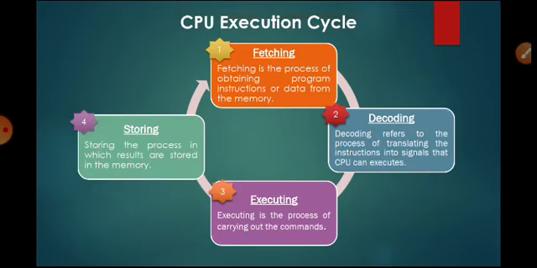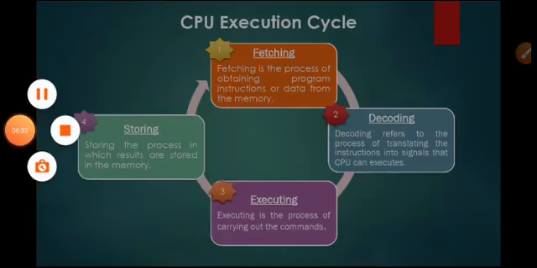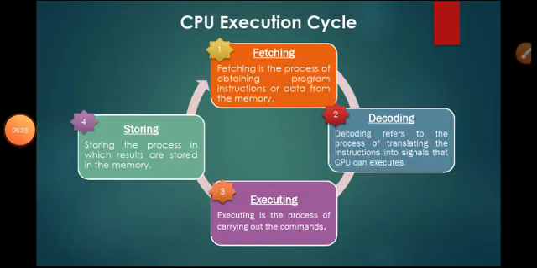Here you can see the detailed diagram of CPU execution cycle. The first step of CPU execution cycle is the fetching. Fetching is the process of obtaining program instructions or data from the memory.